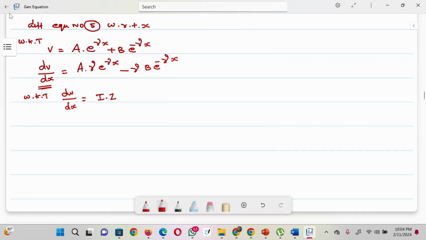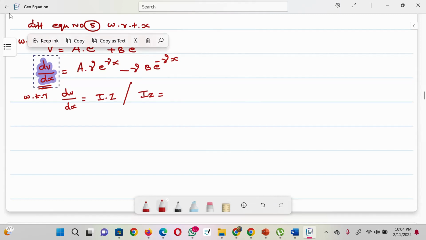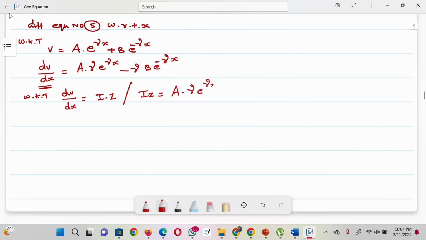dV by dx equal to IZ. So now we are going to calculate the IZ value. Instead of dV by dx, I put IZ equal to A into gamma e power gamma x minus gamma B into e power minus gamma x. Then again we know that gamma equal to root ZY, the propagation constant.